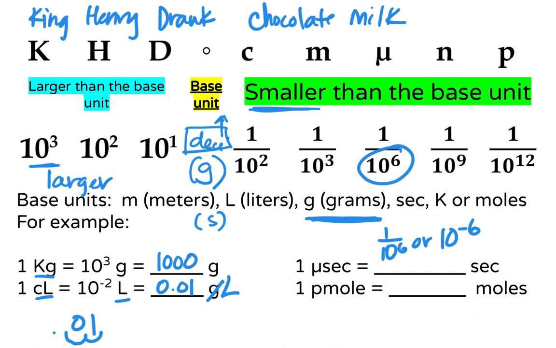If I have 1 picomole, equal to how many, or X, moles, remember now our base unit would be moles. I look up here, the pico is 10 to the 12th. So I have 10 to the 12th pico for every 1 mole. So again, 1 over 10 to the 12th, or 10 to the minus 12 moles.